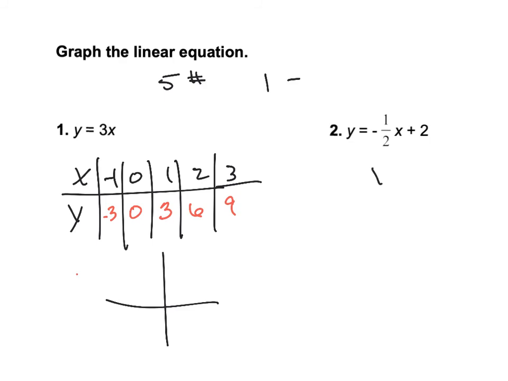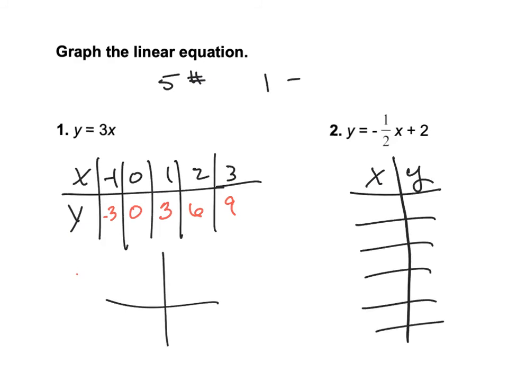With this one, number 2, I would highly recommend paying attention to that 1/2. This 1/2 is a pretty big deal. I would rather not deal with partial numbers or decimals or fractions, so I'm going to use even numbers. Whoops, let's use a pen instead of the highlighter. Sorry about that. Let's use -2, 0, 2, 4, 6.